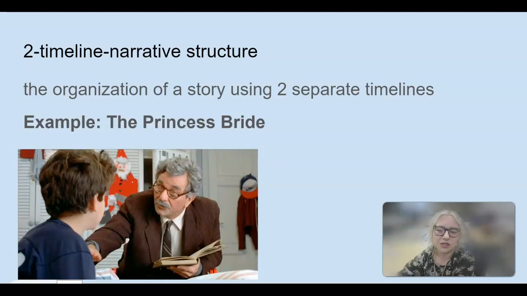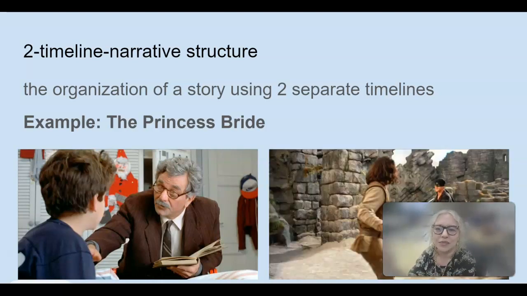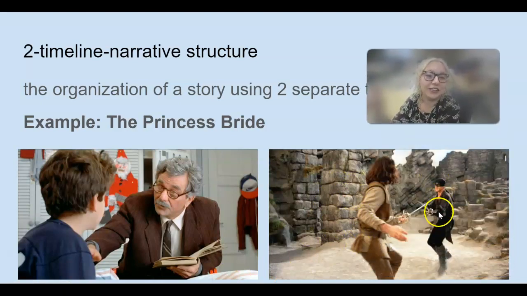In this case, it's two totally separate stories, because we have the kid and his grandpa, and then the other story is like this fairy tale land where there are princesses and shrieking eels and all of those sorts of things. Here's the other timeline where we have the pirate getting revenge.